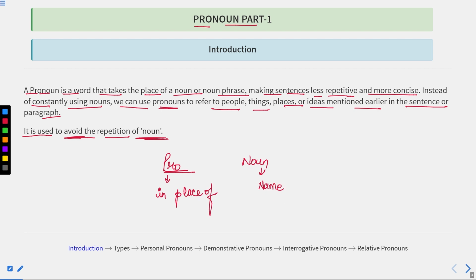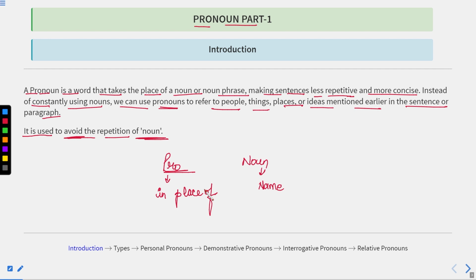And pro means in place of. It means whenever we replace a noun, we put a pronoun, and that will also make the sentence complete. Whatever role this noun plays, pronoun also plays the same role as that of noun. Only the thing is that we use pronoun in place of noun. That is it. Otherwise, the functioning or the use of both the words are the same. Okay.